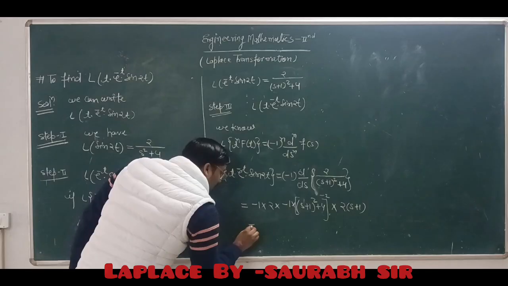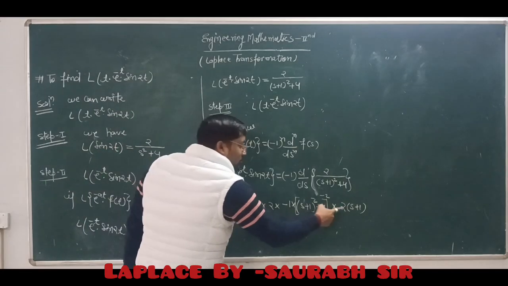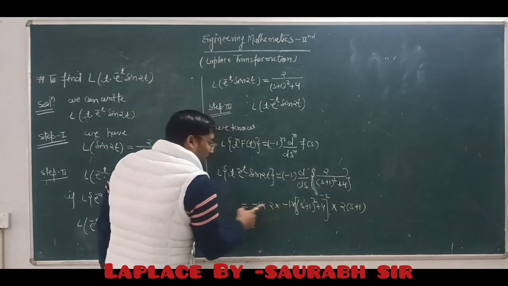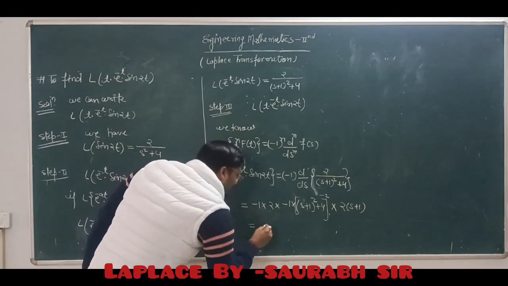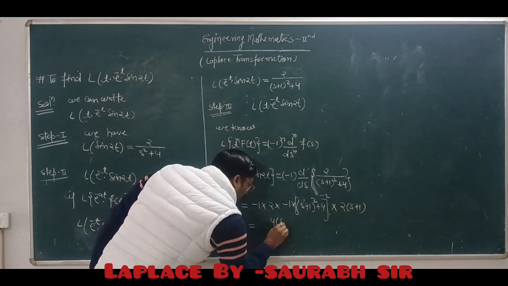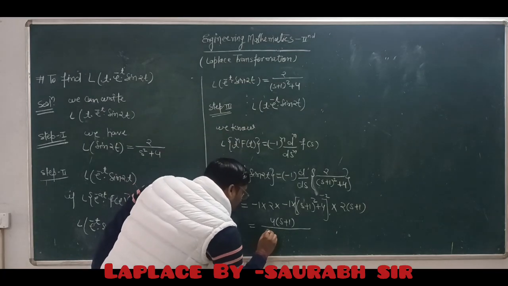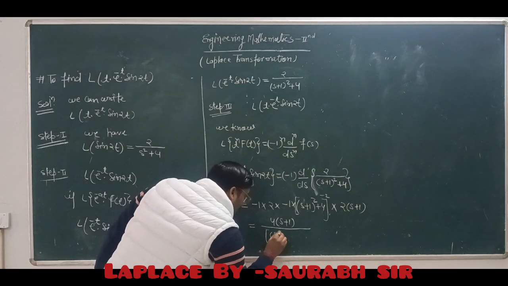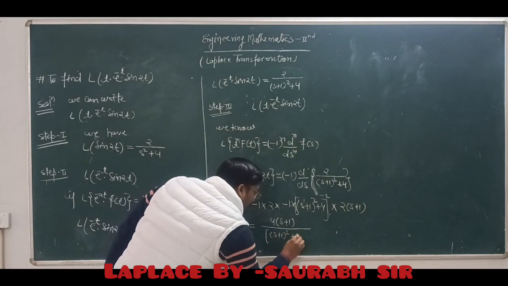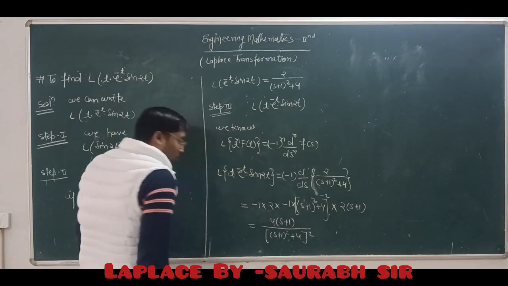Now we put this, minus 1 into minus 1 plus, this means 4 s plus 1 total upon s plus 1 to the power 2 plus 4 to the whole power 2.